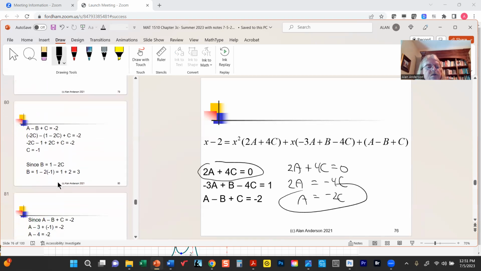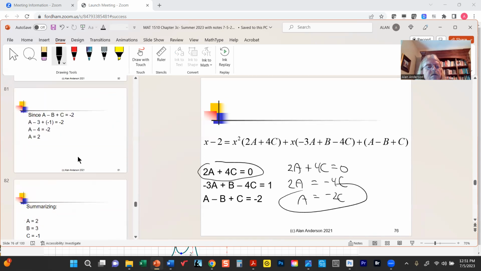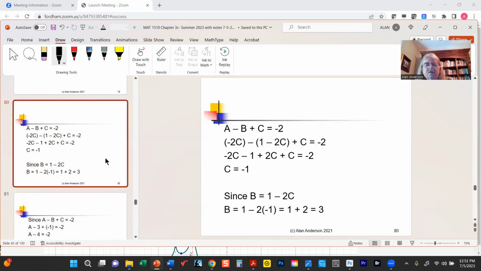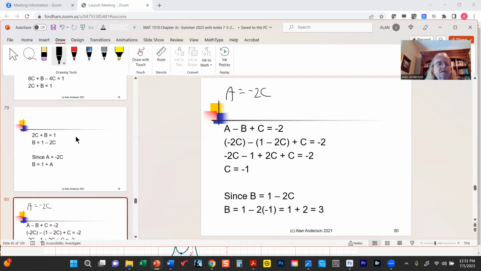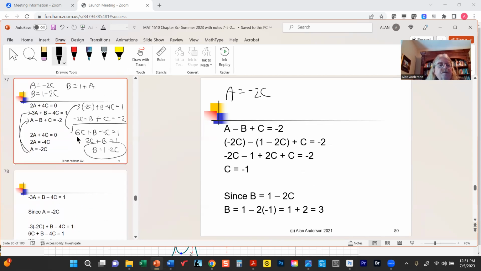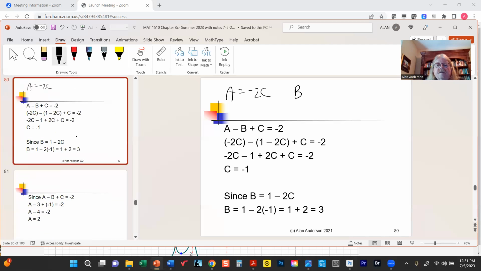So it looks like I picked the last one: a minus b plus c equals negative 2. Combined with our knowledge that a is minus 2c and that b is 1 minus 2c. When we plug those in, we can prove now that c is negative 1.